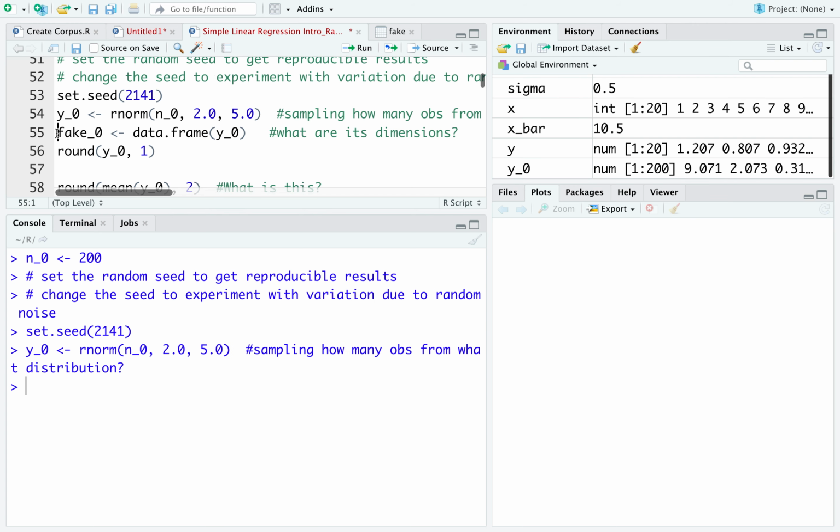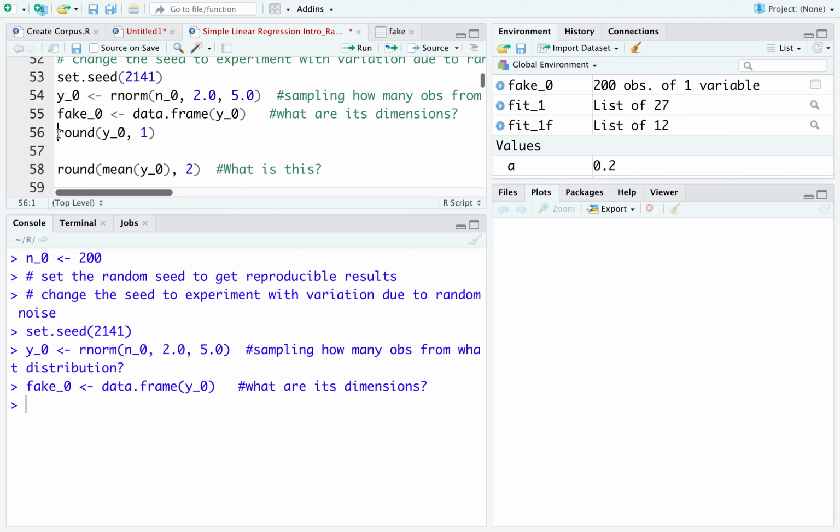Okay, so we are going to generate those observations, and if I want to just take a peek, I want to see all, well, 200 isn't that many. First of all, let's actually create a data frame, which is a specially formatted kind of matrix where observations are in the rows and the variables are in the columns.